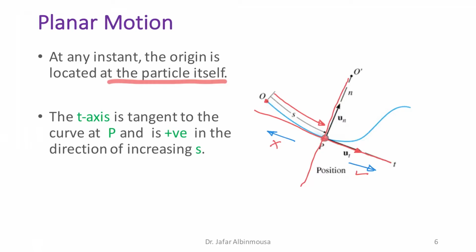The question again, should the un point down or up? And the answer is that un will always have to point toward the center of the radius of curvature. And this is basically the positive un, and this is the positive ut.